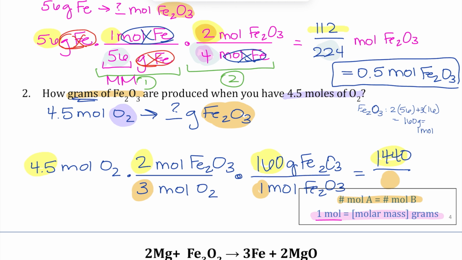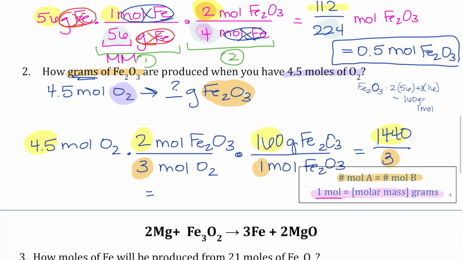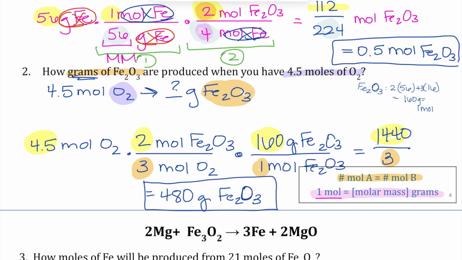So dividing by 3, 1,440 divided by 3, I get an answer of 480. That's my value. And then I need my units. This asks me to find grams of iron oxide. That's the unit and chemical on the top of my last conversion factor. So grams of Fe2O3 is that last piece we need in our answer.